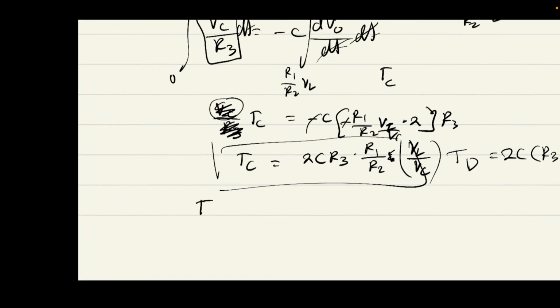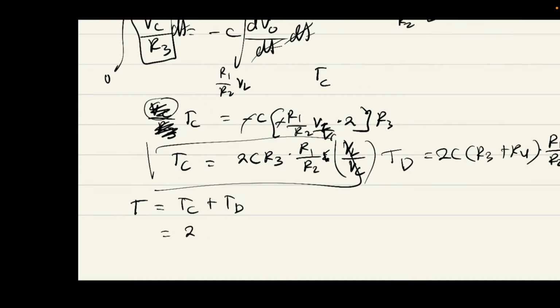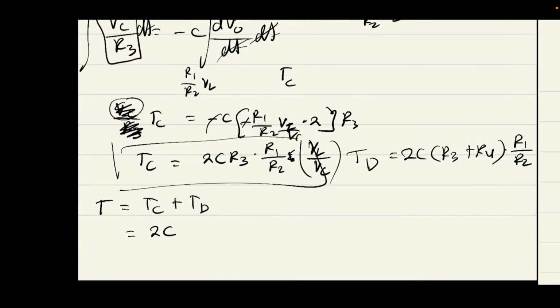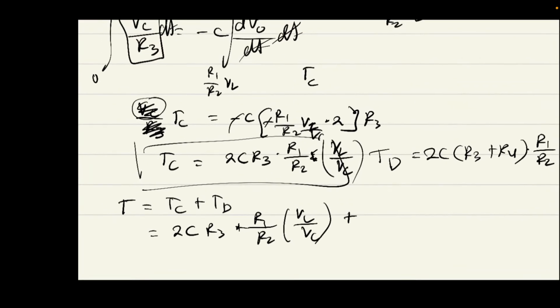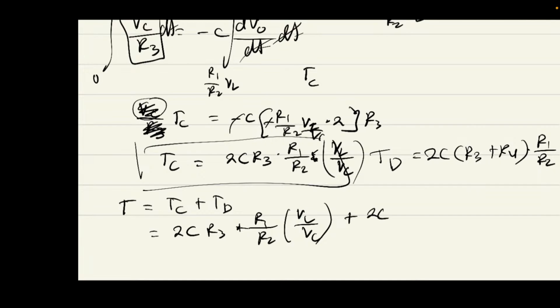Okay, so what's the total time? It's TC plus TD, which is going to be 2C R3 times R1 on R2 times VL on VC plus 2C R3 plus R4 times R1 on R2.